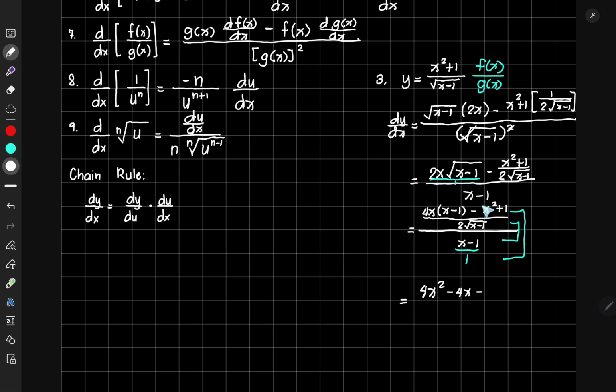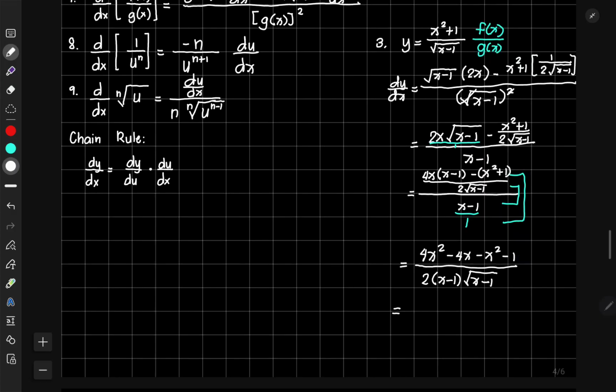So minus, I forgot the parenthesis. Because if you don't put parentheses there, the negative would only multiply this one, so you would forget the 1 here. So minus x squared, so negative times positive, so minus 1. So this is all over x minus 1, the square root of x. There's also a 2. So 2 x minus 1 multiplied by x minus 1.